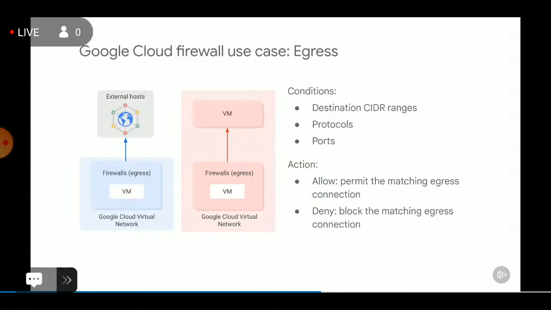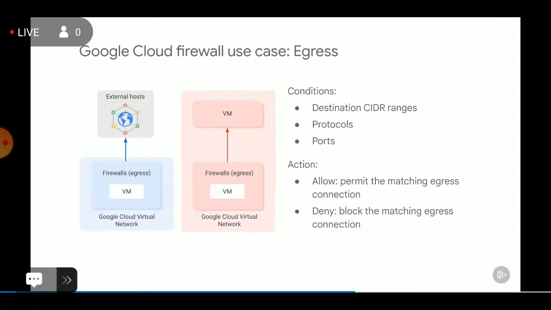Egress firewall rules control outgoing connections originated inside your GCP network. Egress allow rules allow outbound connections that match specific protocol ports and IP addresses. Egress deny rules prevent instances from initiating connections that match non-permitted port, protocol, and IP range combinations. For egress firewall rules, destinations to which a rule applies may be specified using IP CIDR ranges.